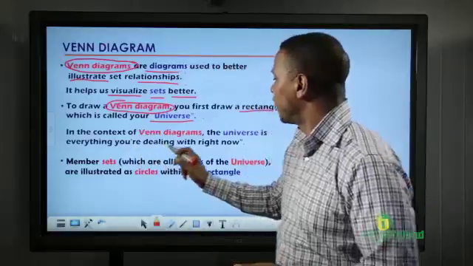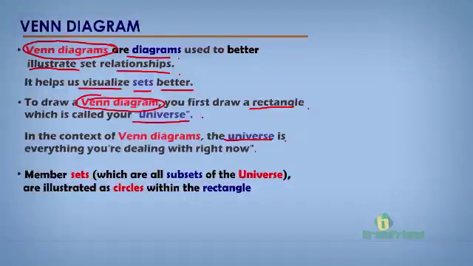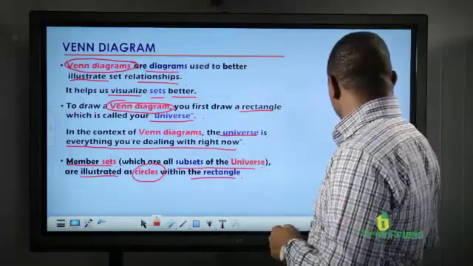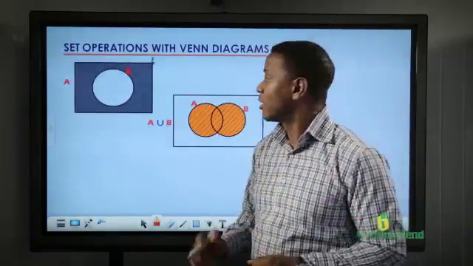In the context of Venn diagrams, the universe is basically everything we are dealing with right now in the given problem. The member sets, which are all subsets of the universe, are also illustrated as circles within our rectangle, which is our universe. Let's go on to see what a typical Venn diagram looks like.